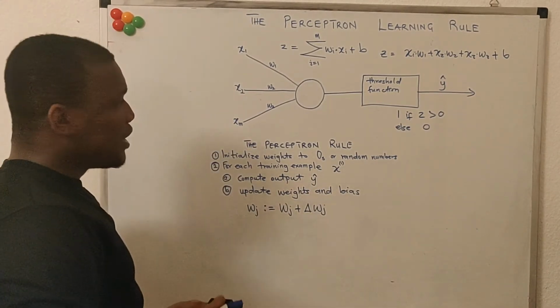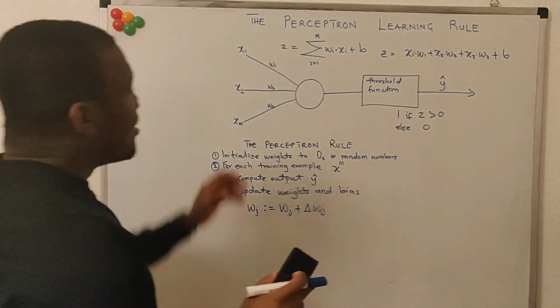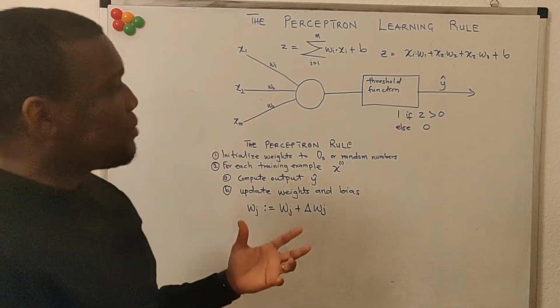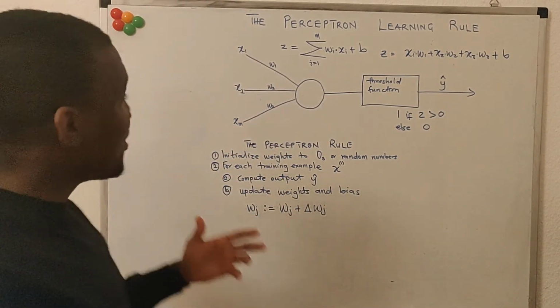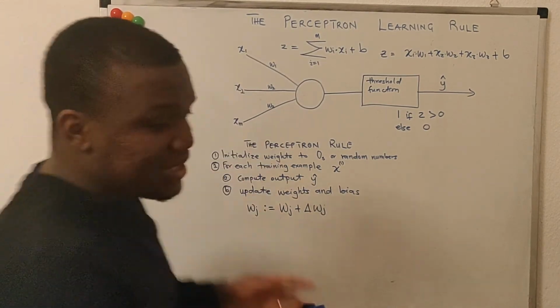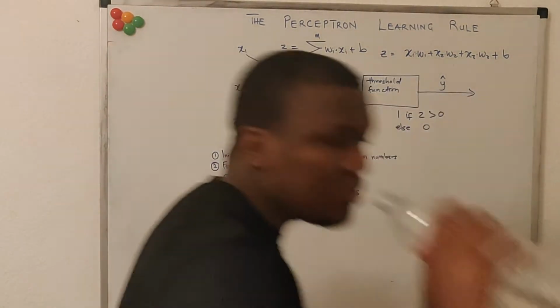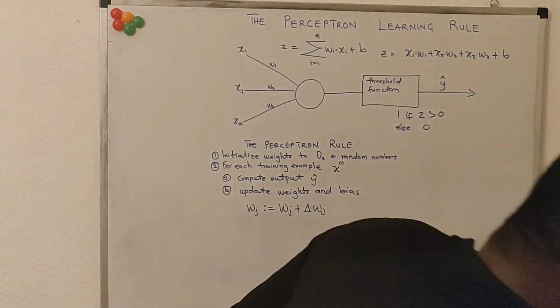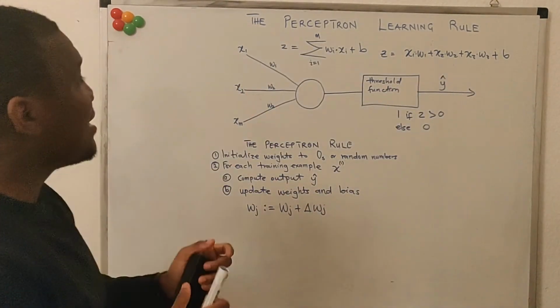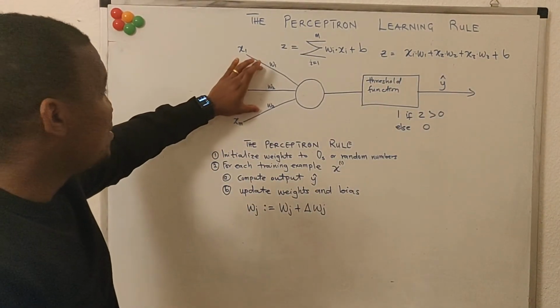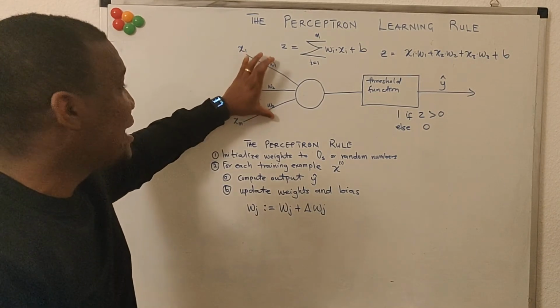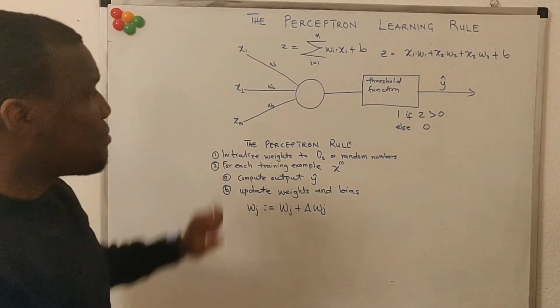Okay, that is great. Now the question is, how does the perceptron actually learn? Because I mentioned that we start off with the weight vector initialized to zeros or random numbers.